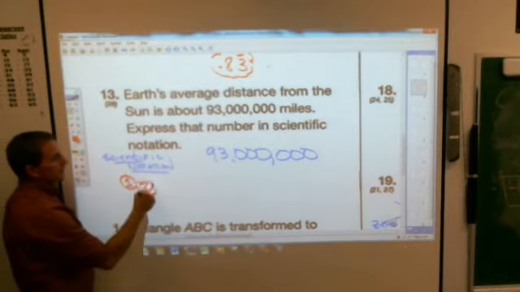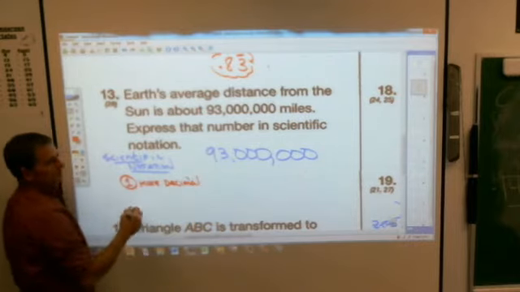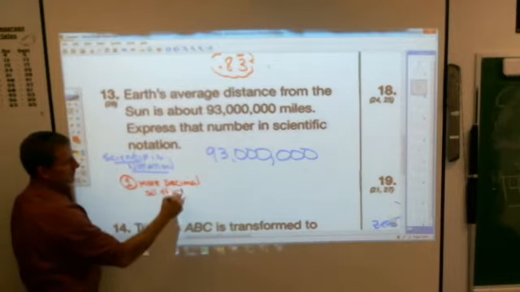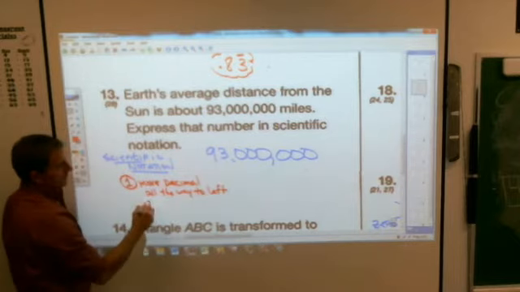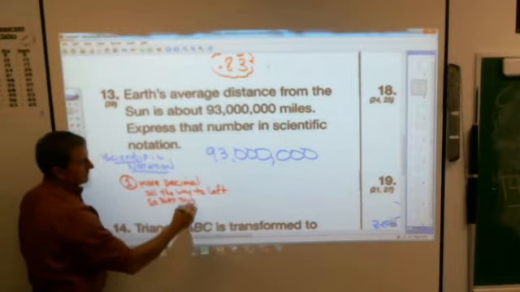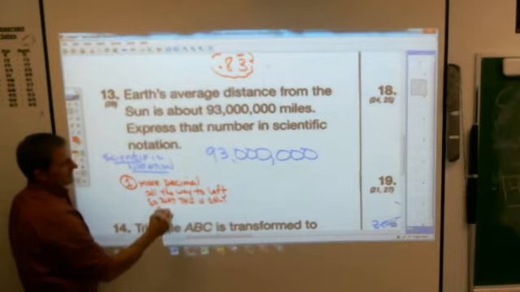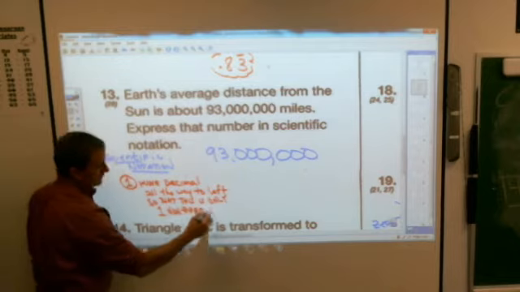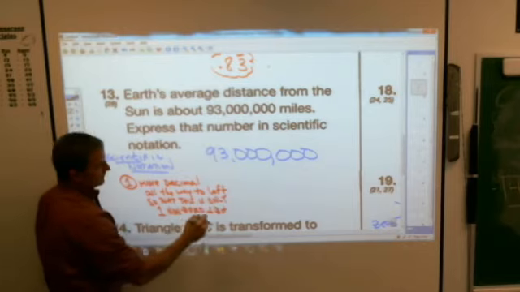You need to move the decimal all the way to the left so that there is only one non-zero digit to the left of it.